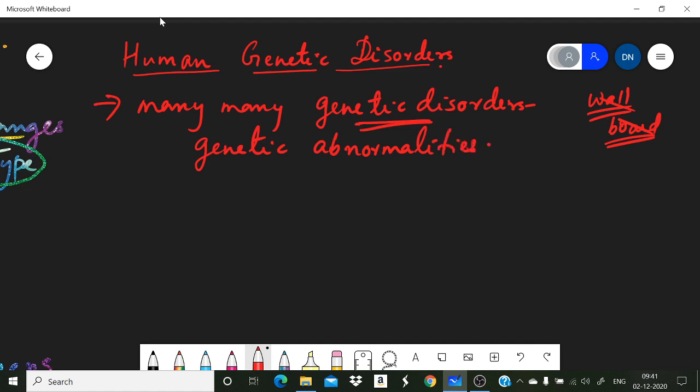Among those disorders, some may be due to the inefficiency or the incompatibility of the gene products. Gene products are actually proteins.